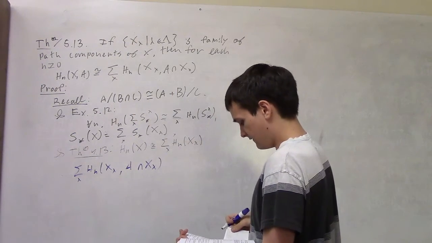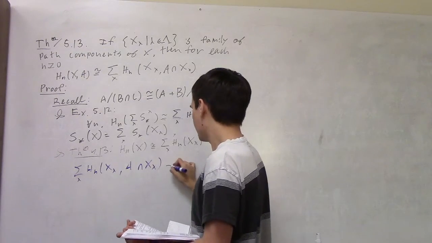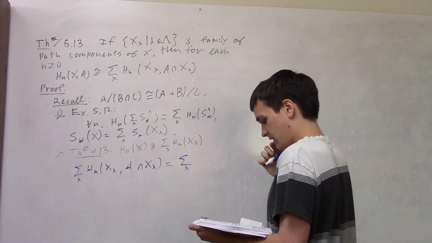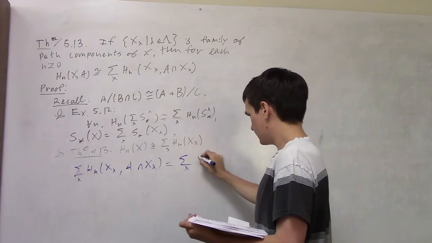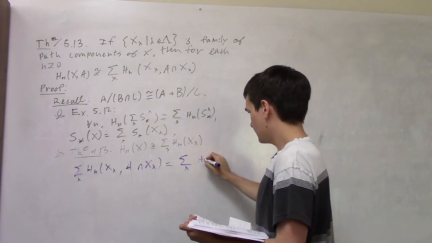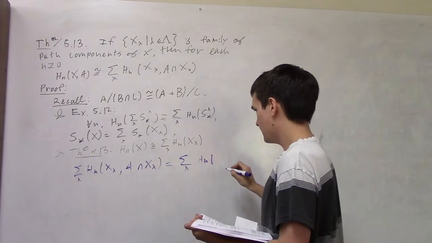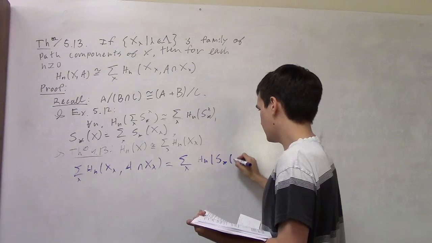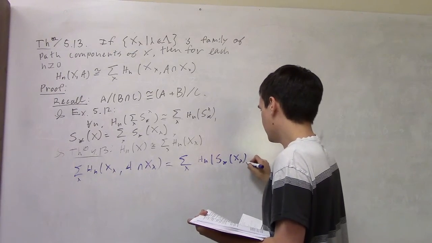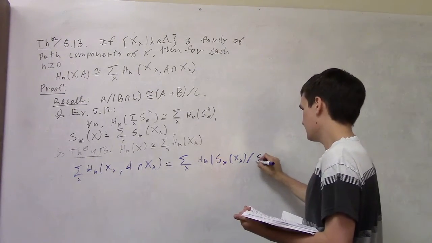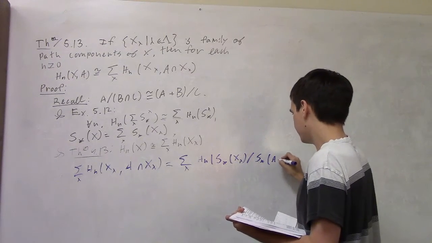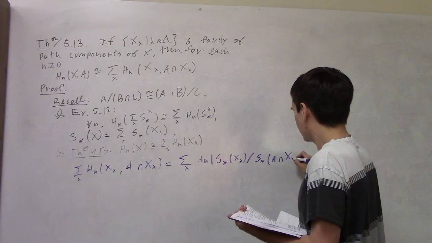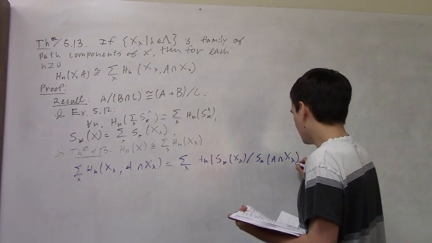Remember, that was defined as the sum over lambda of the nth homology group of S star X sub lambda quotient S star A intersect X sub lambda.